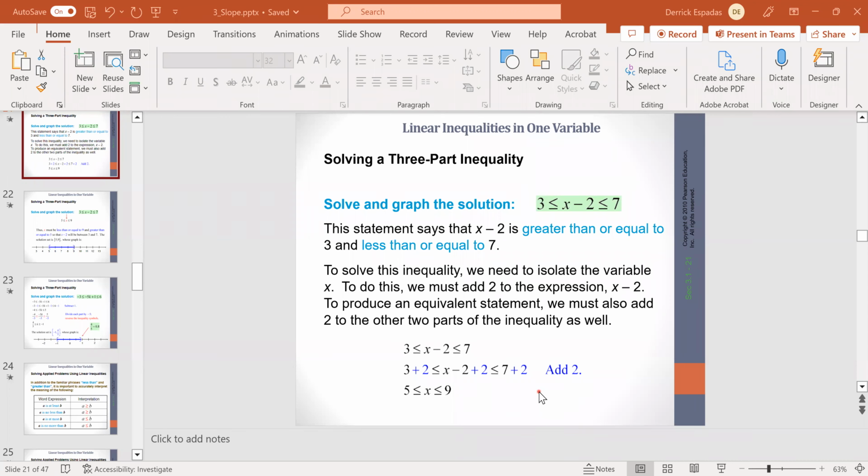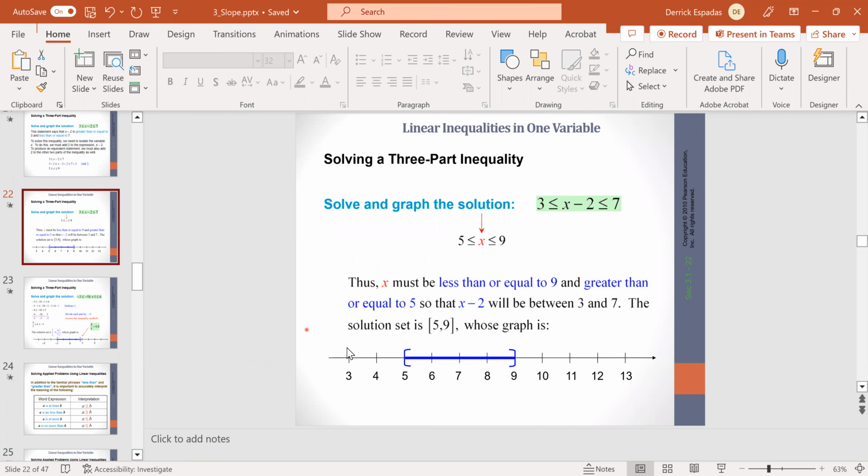If we think about that, x is somewhere in between, because x is greater than or equal to 5, but less than or equal to 9. So it's between 5 and 9, including 5 and 9. And that's essentially what we're doing.